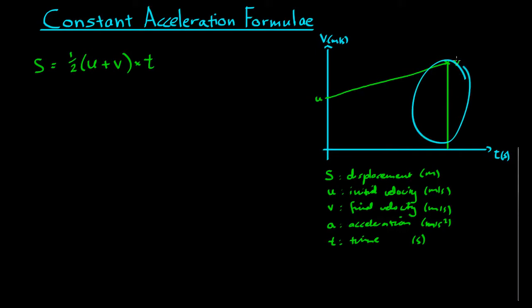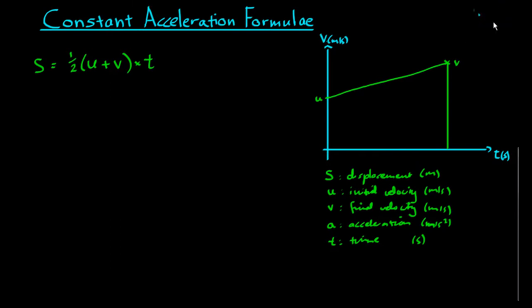This shape, it's a four-sided shape known as the trapezium. And the area of a trapezium we learn in school is you take the top A, the bottom B, and you find the average, which is A plus B on 2, and you multiply that by the height. This graph here is basically a trapezium tipped on its side.